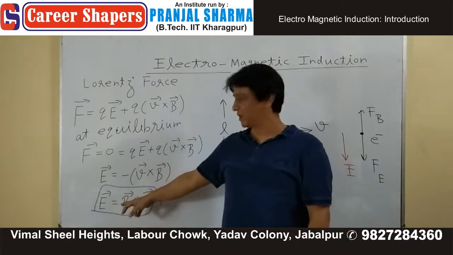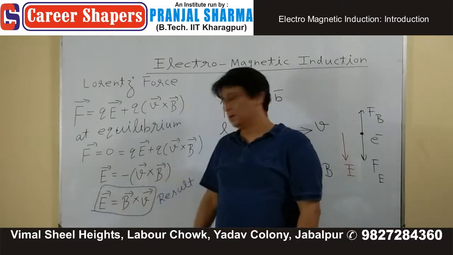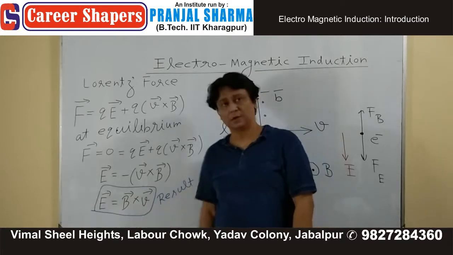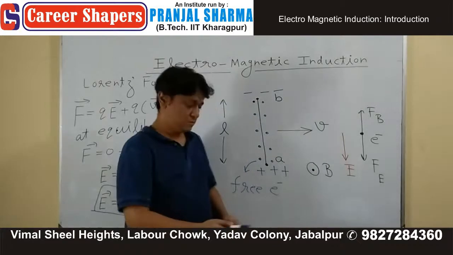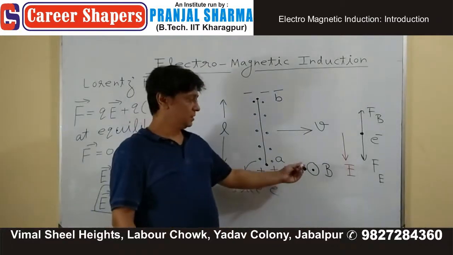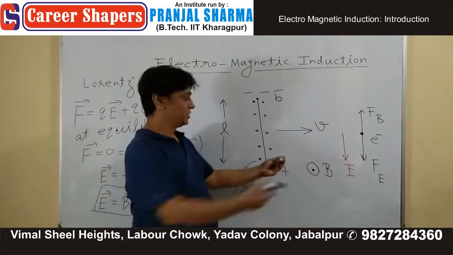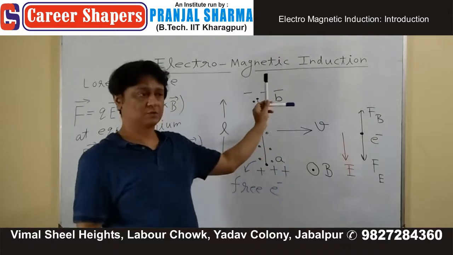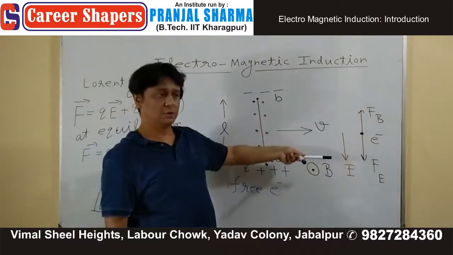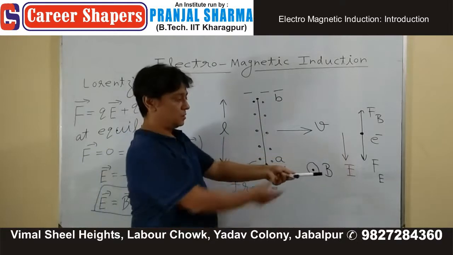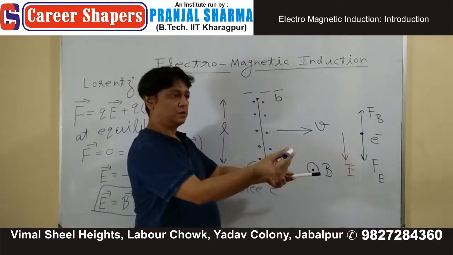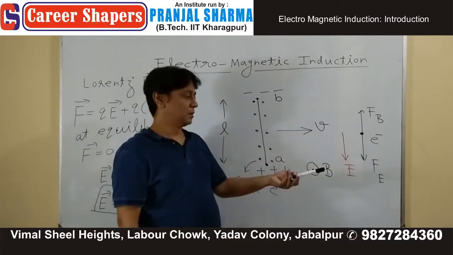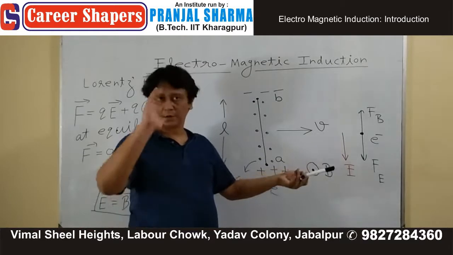What is the direction of electric field? Always perpendicular to the plane of B and V. This is B, this is V. I'm holding these markers like this, B and V. Keep them in your left hand.